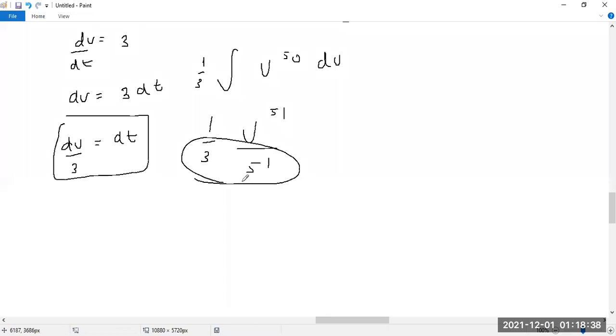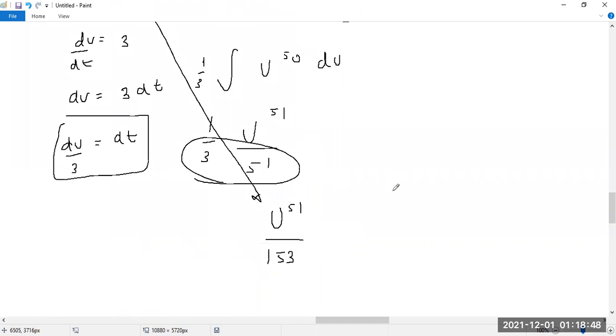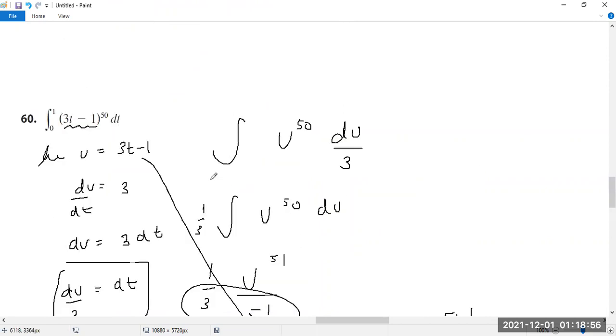So what does this part become? 51 times 3. It's u to the 51 over 153. And then if we plug the 3t minus 1 back in, 3t minus 1 to the 51 over 153, evaluated at 1 and 0.